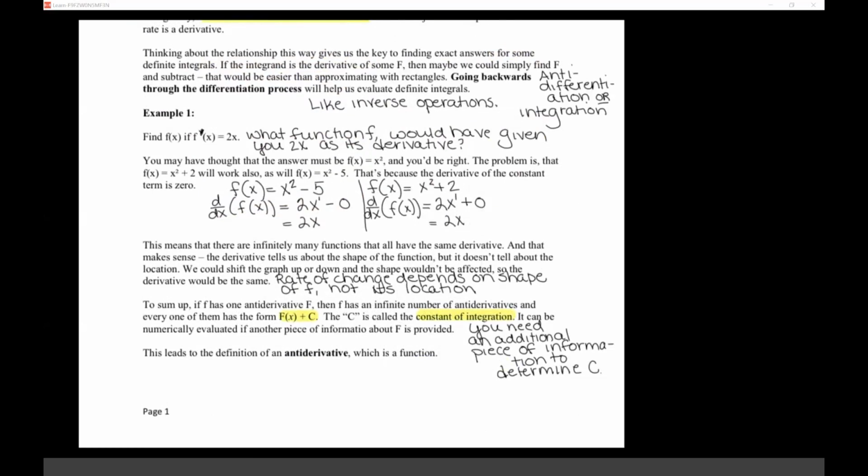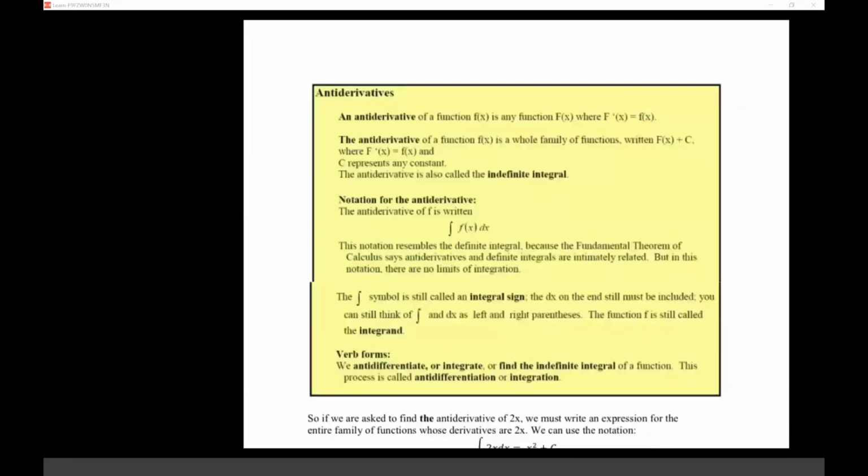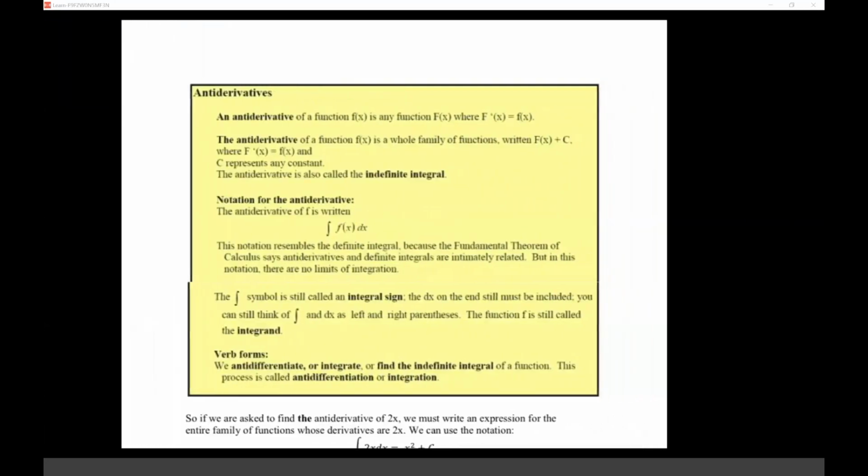Okay, so here's the definition of an antiderivative. Again, it's just the function that you get when you undo the differentiation. So it's a whole family of functions, and they only differ by this constant of integration.